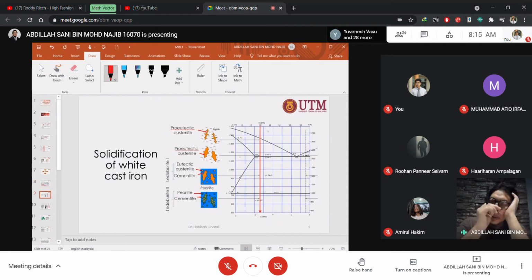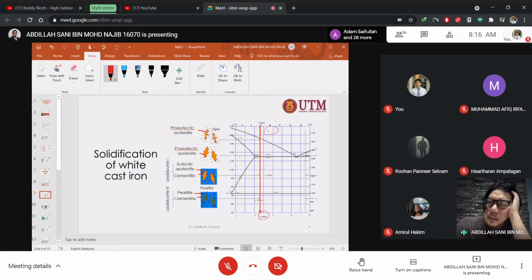What we need to dig into is, at first, we want to study the microstructure of this white cast iron. At very high temperature we have the cast iron in the form of liquid, and as it goes down this line, you have a fixed composition.